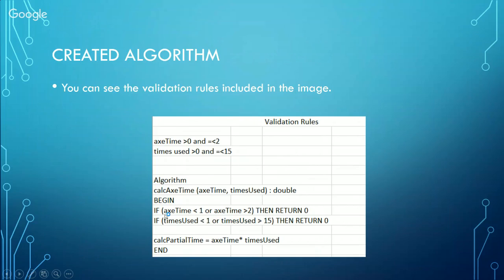It begins: if X time is less than 1 or X time is higher than 2, then return 0. And if times use is less than 1 or times use is higher than 15, then return 0. The result will be calculate partial time equals X time times times use.